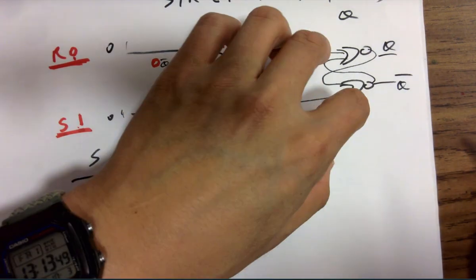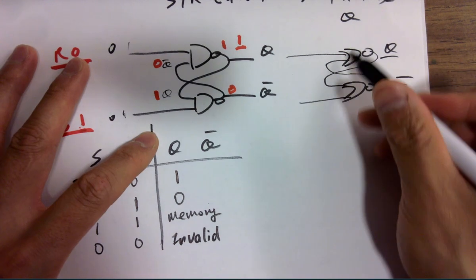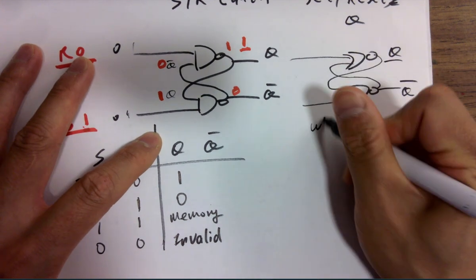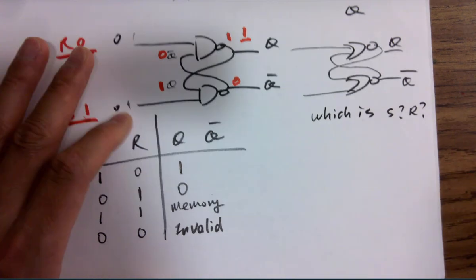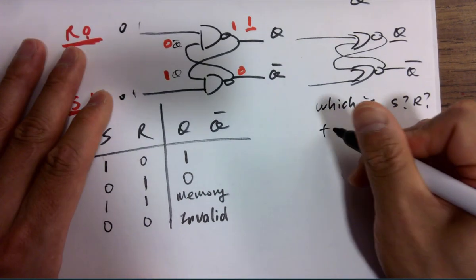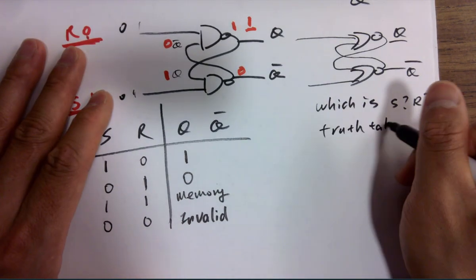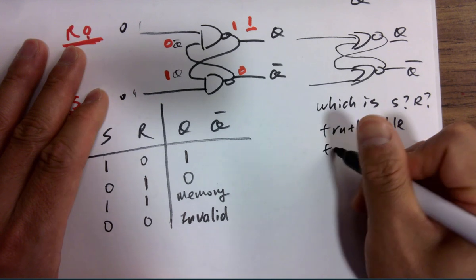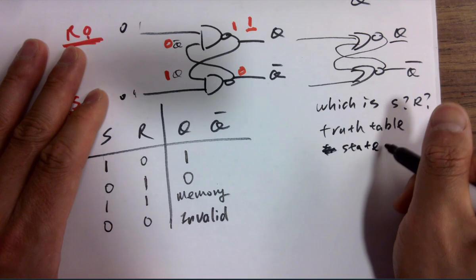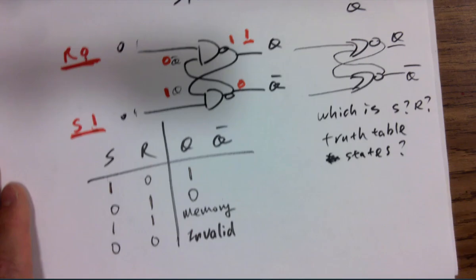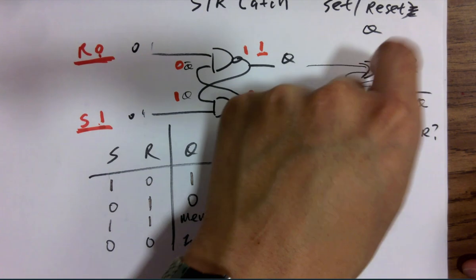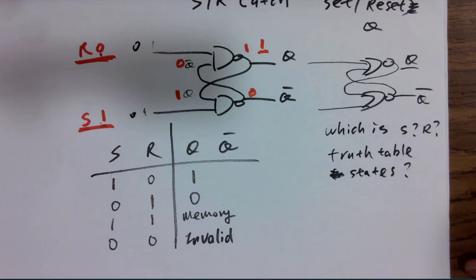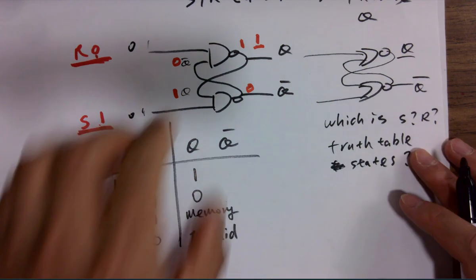There might be a quiz on Wednesday: if I give you this circuit, which is S, which is R, and the truth table, and also the states, the output. I'm going to ask you to explain what's going on for the NOR gate version of the SR latch.